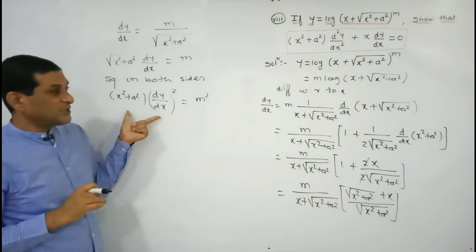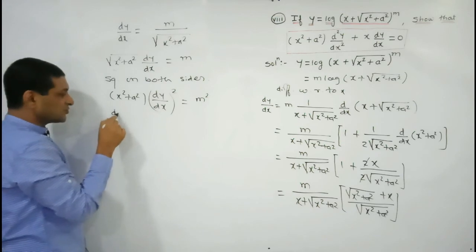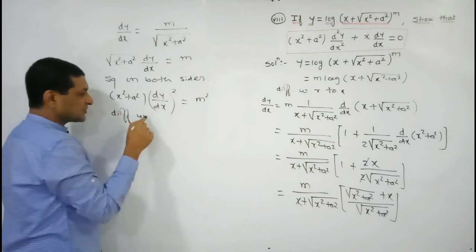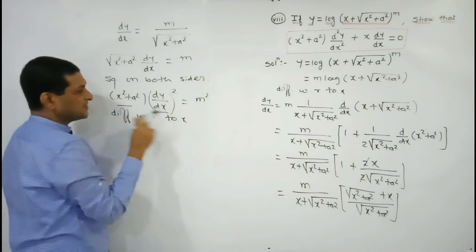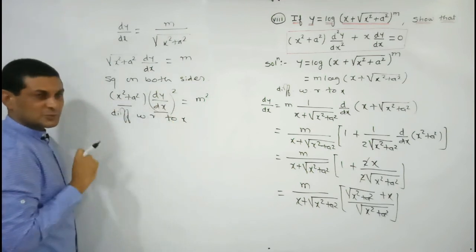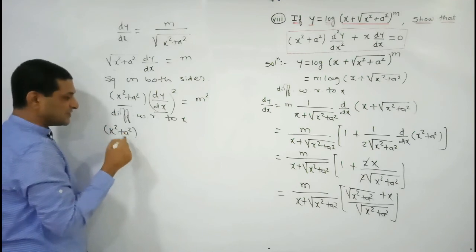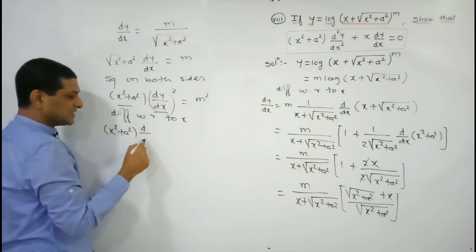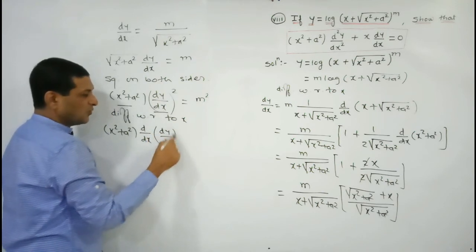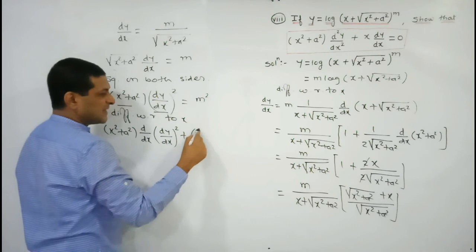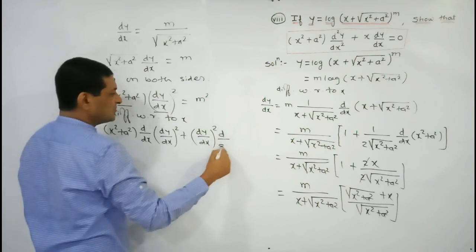Now we are differentiating it because in our expression the second order derivative also appears. So differentiate it with respect to x. On this side, to find the differentiation, we have to apply the product rule. According to the product rule, keep the first term as it is, x square plus a square as it is, into the derivative of the second term, means the derivative of what? (dy by dx) whole bracket square, plus the second term as it is, means (dy by dx) whole bracket square as it is, into the derivative of the first term.